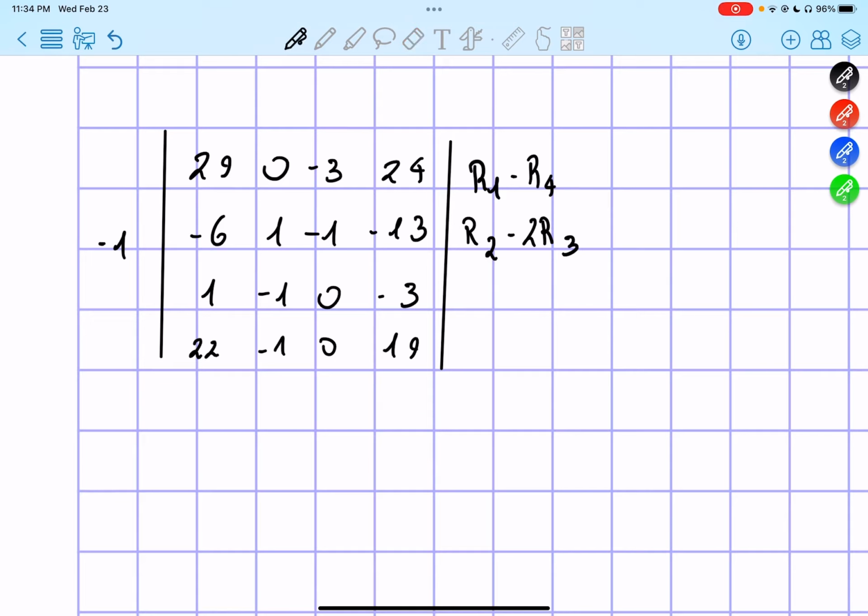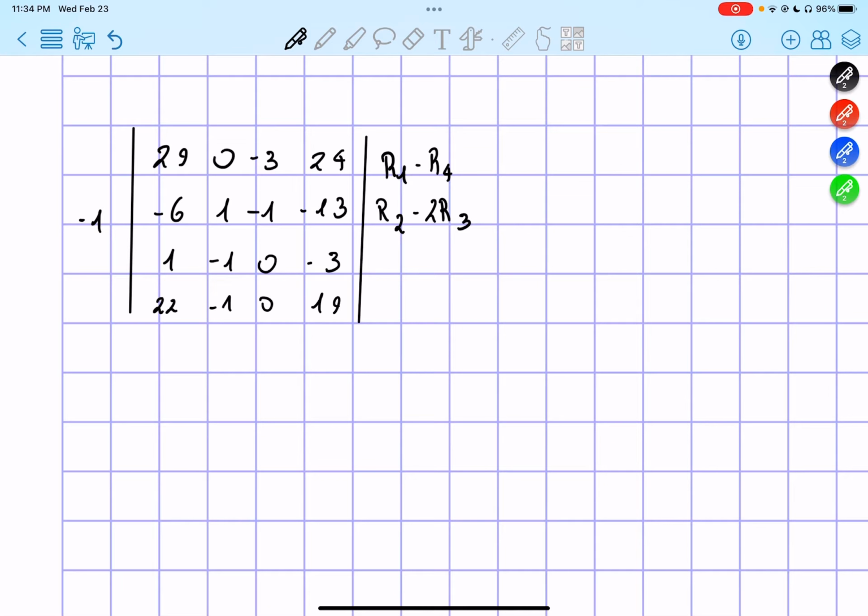Oops, not row 3, okay. So I get negative, find the front, so just negative 7, 1, -3, 5, and then -8, 3, -1, and then I get -13 minus 6, -13 plus 6, so 7.